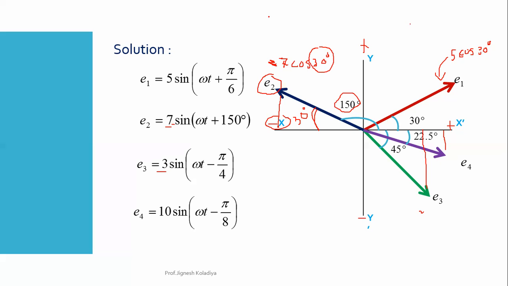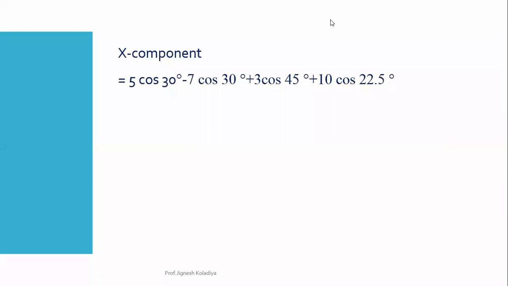Any doubt now? Okay. So if you have all four x components, you can add them together like this. So you will get your resultant x component.